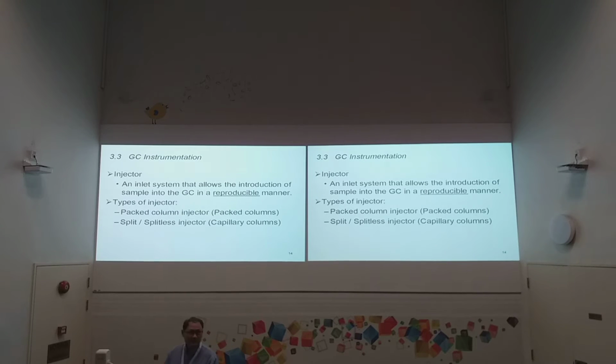Originally, historically, there was a kind of column we call the packed column. Even during my college time, when I did my first GC experiment, we needed to prepare this column ourselves.